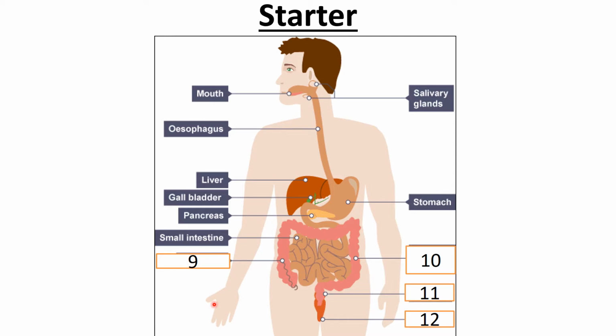And then number 9, some of you might have had this out, occasionally causes a problem. 9 is the appendix. 10 is the large intestine, and then once all the energy has been taken out of the food, the waste products are stored in the rectum, which is 11, before finally being ejected out of 12, which is the anus. So we're focusing on around here, the stomach, small intestine, large intestine, but that's the whole journey from start to finish.